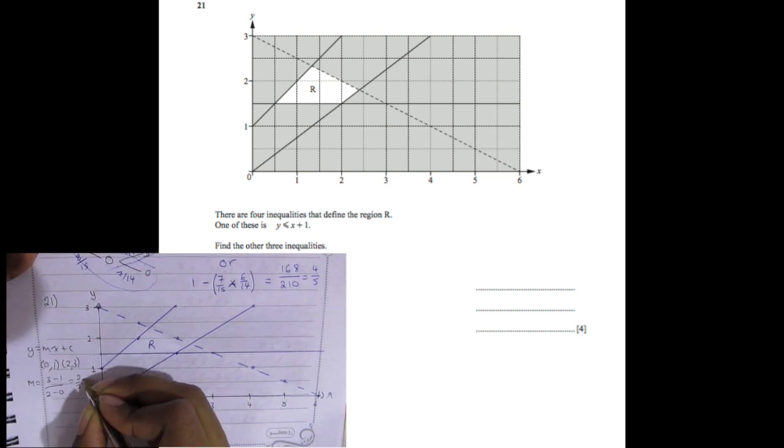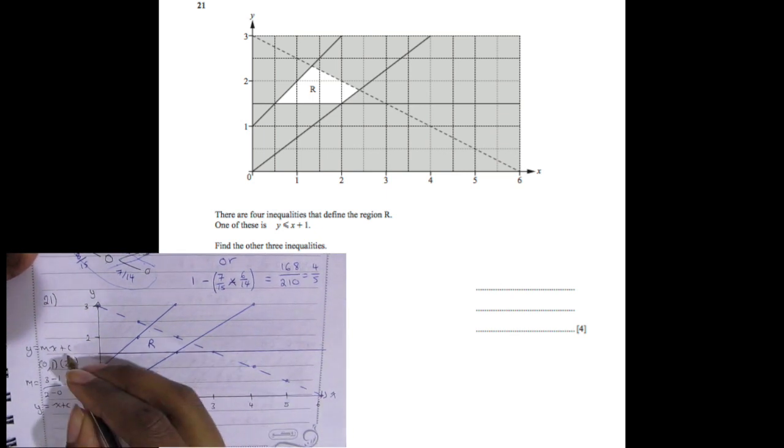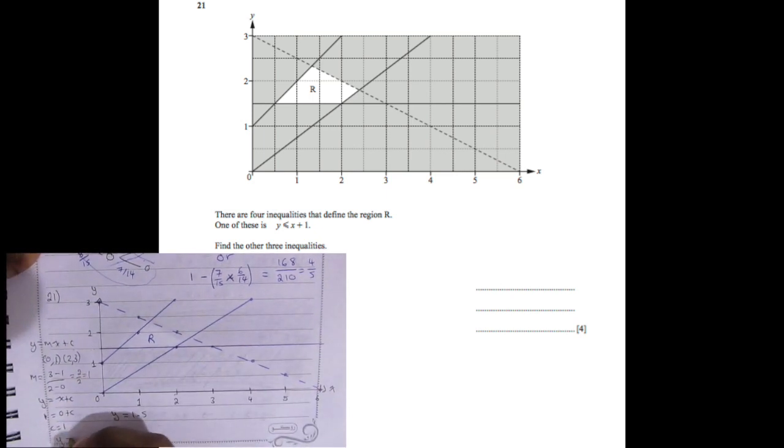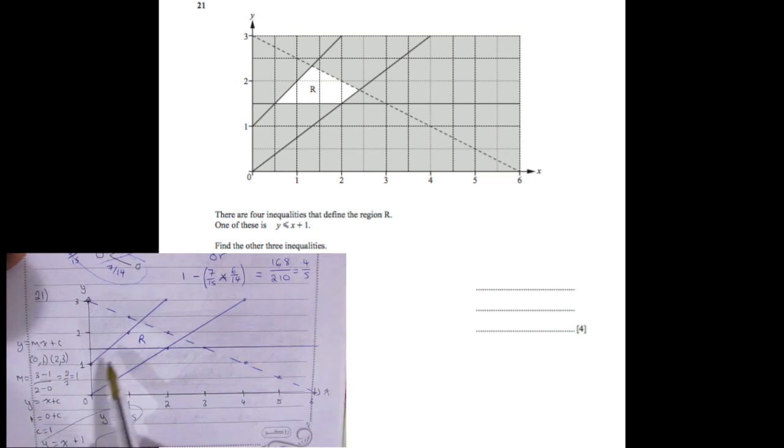That gives you 2/2, which is 1. So y is equal to x plus c. Then to find c, substitute one of the coordinates. We can use 0 and 1 because it's easier. So y is equal to 1, x is equal to 0, which means c is equal to 1. So you have one of the equations now: y is equal to x plus 1, which actually is the one they gave, so we're not supposed to use that as an answer.